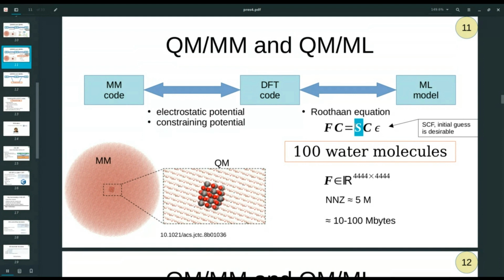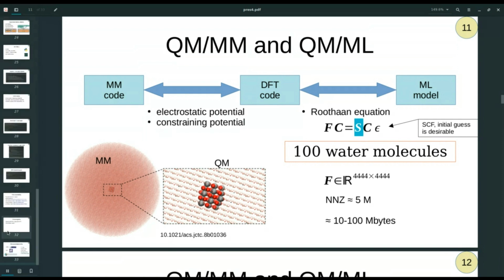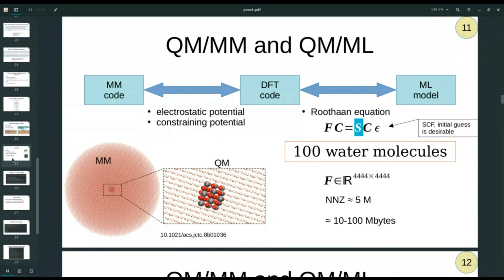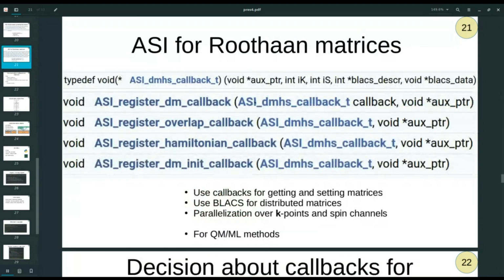If you have the sparse matrices, then implementing the API, you have to expand them in a dense format, because currently we expect that these matrices are in a dense format, but they can be distributed. You can see here that we expect the blocks descriptor and actually the pointer to the blocks data.